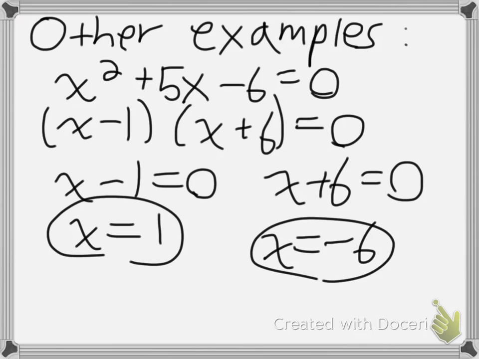Then you're going to want to get each parentheses equal to 0, so x minus 1 equals 0. Then you're just going to do a little plus 1 on each side. You get x equals 1. Then x plus 6 equals 0. You're going to do minus 6 on each side. You're going to get x equals negative 6.